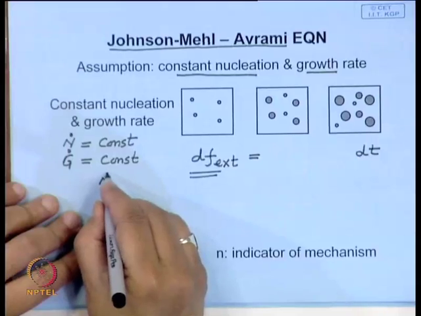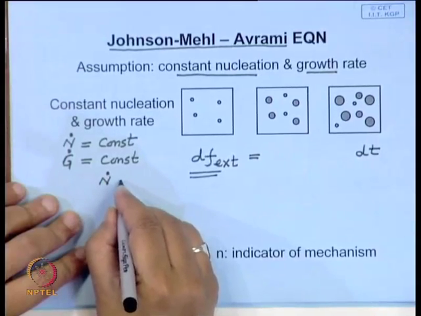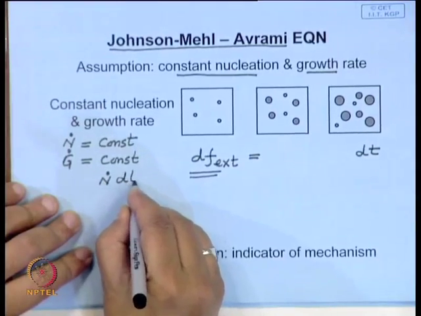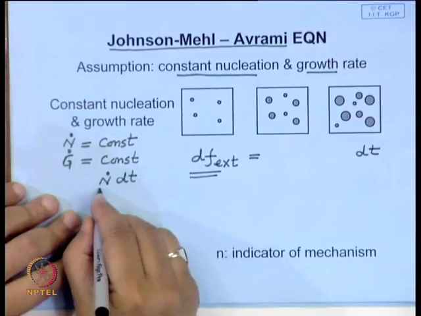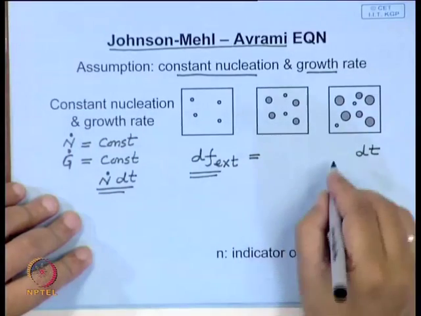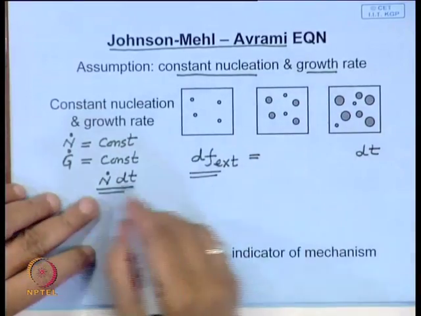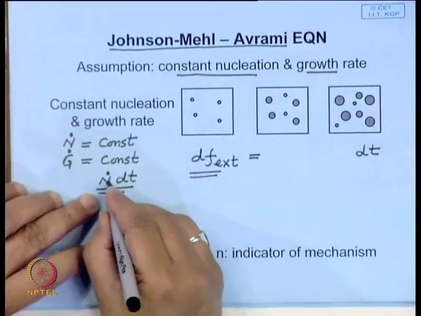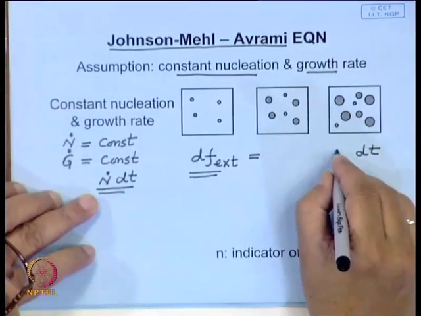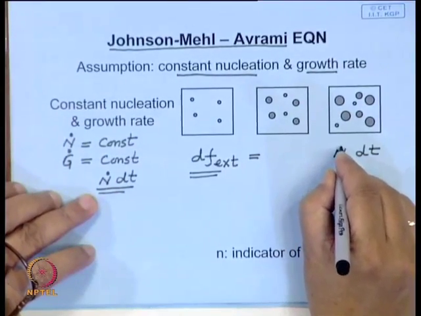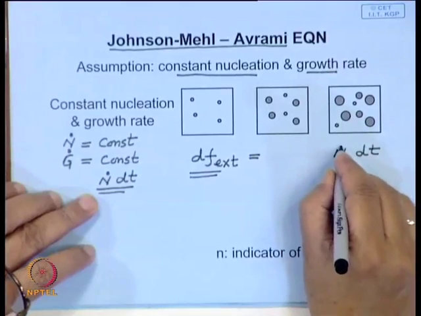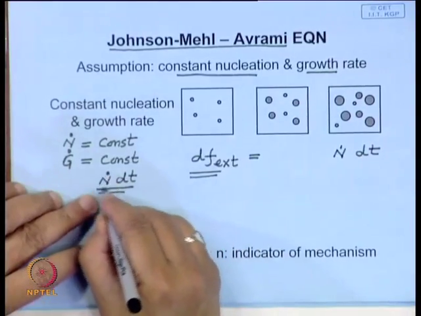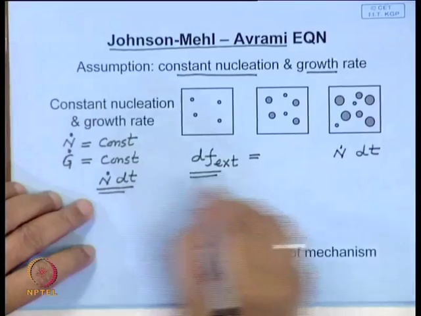Here there is nucleation taking place, we can say n dot dt is the nucleation rate. Up to a certain time, this has been following this nucleation kinetics.